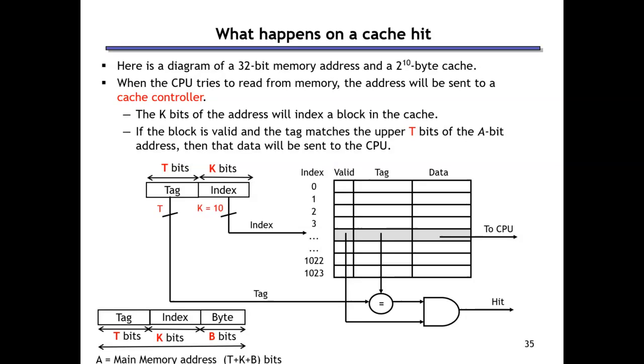Direct, because it's only one way. Direct will have lower latency. Why? Because we need one comparator, but for a two-way associative cache of the same size, we will need two comparators. Got it or not got it?